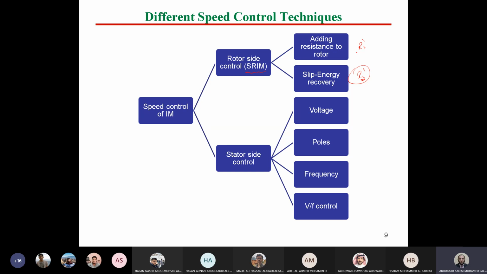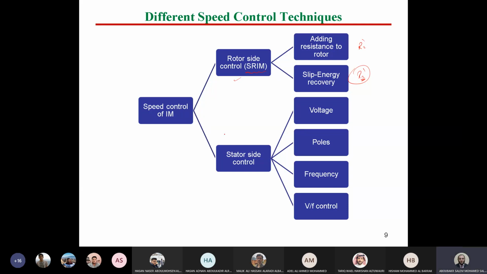Here we will have the effect of adding resistance on the characteristic without adding a physical resistance, and it will also increase the efficiency of the machine. It's considered an advanced technique, but it's based on changing the value of R. So this is now the classification according to the rotor side.